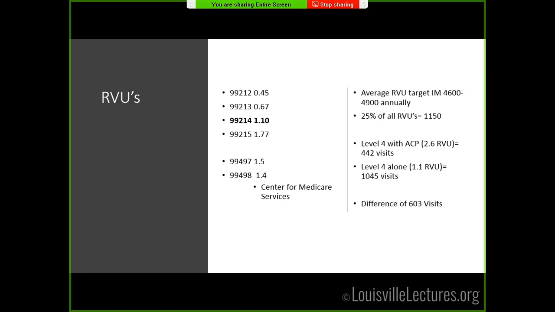If we were completing advanced care planning with that level 4 visit, that's 2.6 RVUs for each of those events, and so it would reduce our number of visits to 442 to achieve that many RVUs. So that's a difference of 603 visits.